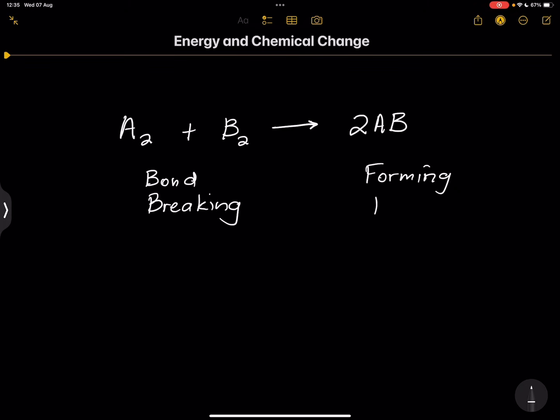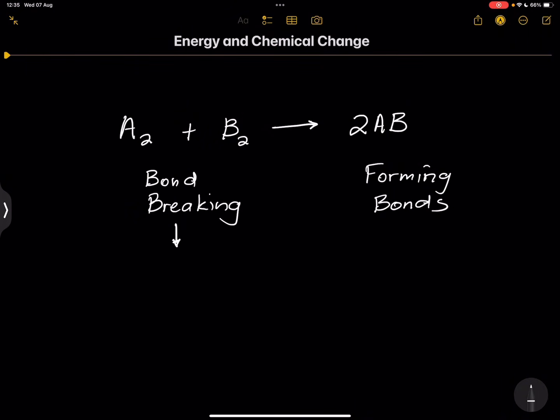Now, this process either absorbs or uses up energy, or in this case, it actually releases energy. So the process of bond breaking, or the breaking of bonds, is a process that requires energy. So here, energy is actually absorbed.